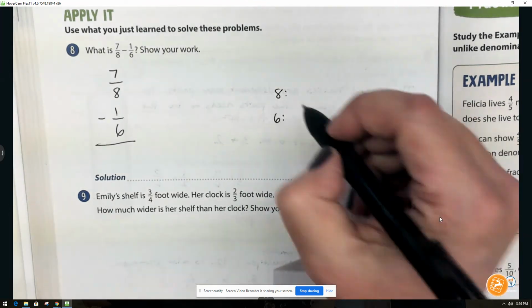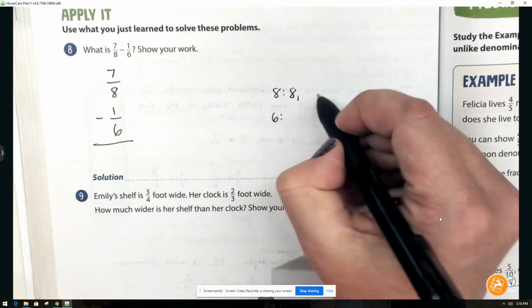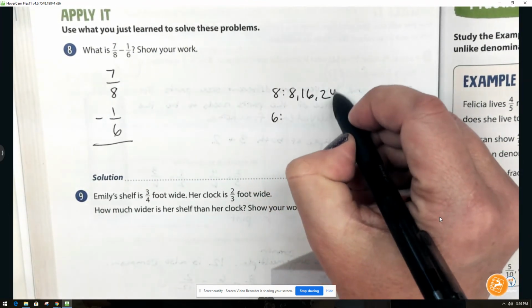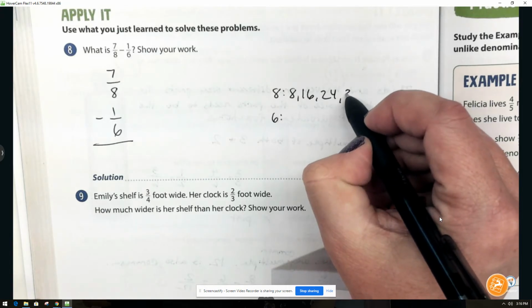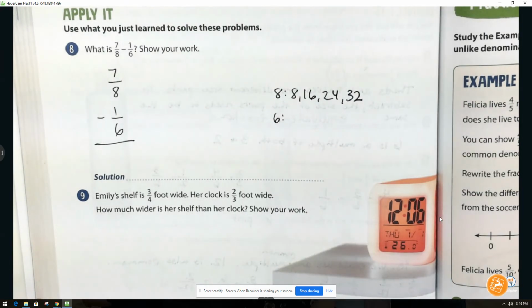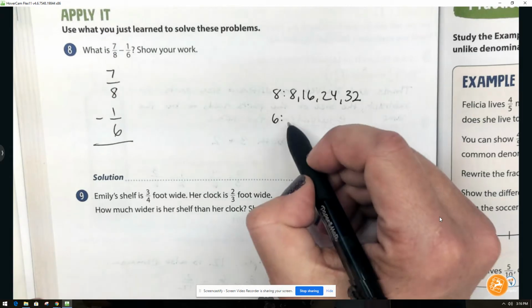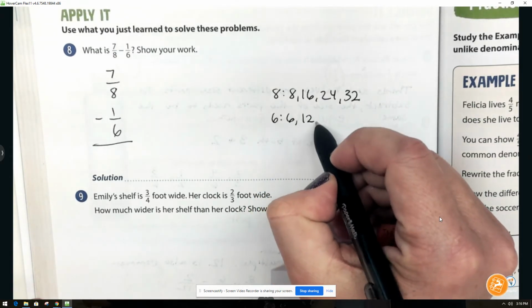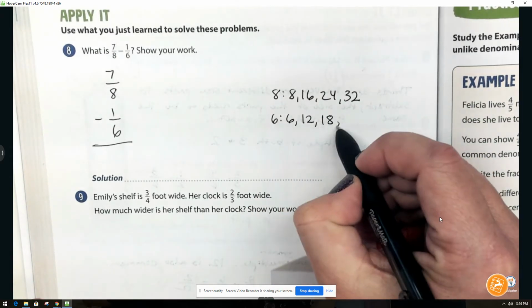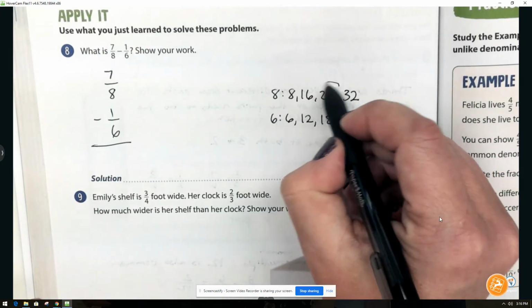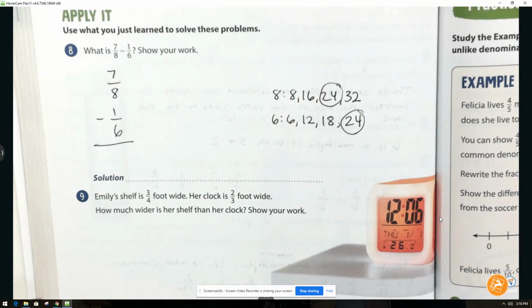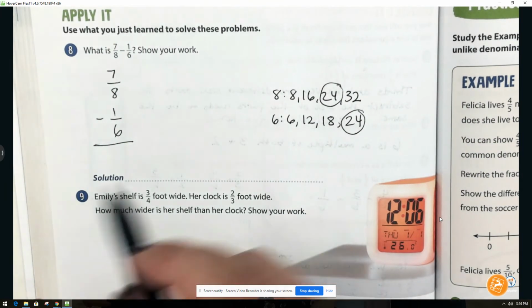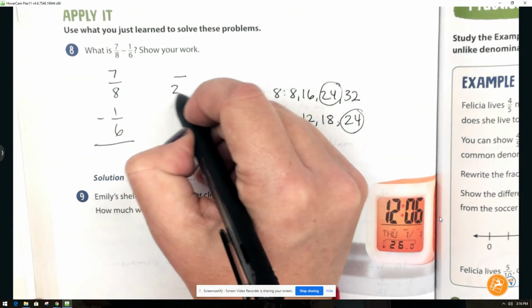Multiples of 8 are 8, 16, 24, 32, and I think we're high enough now. Multiples of 6 are 6, 12, 18, 24, and we can go ahead and stop there because we found a common multiple. So we're going to make both of these into 24ths.